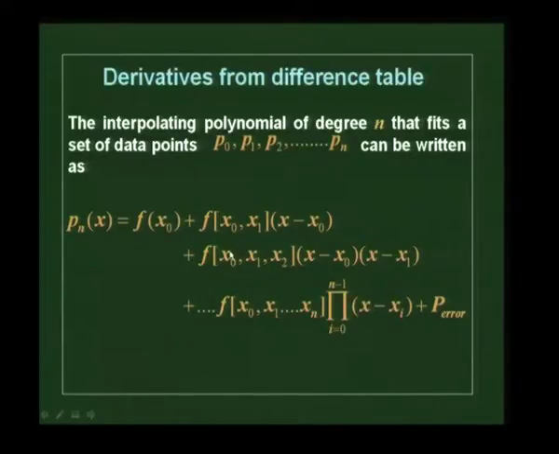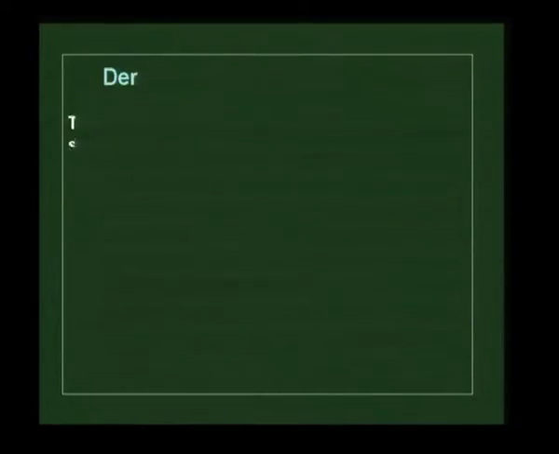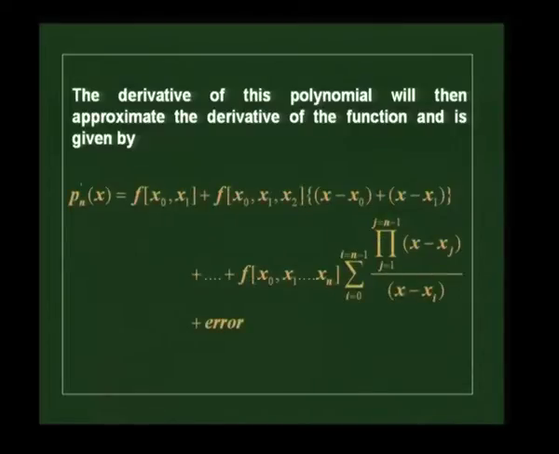So, this is a useful form for the polynomial to construct the derivatives, and that is what we looked at in the last class. Once we have the polynomial of that form, the derivatives can be written in this fashion.